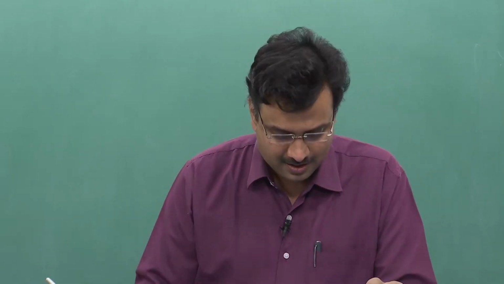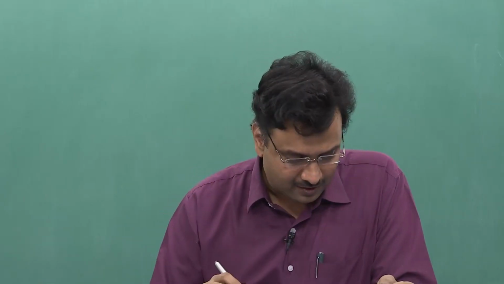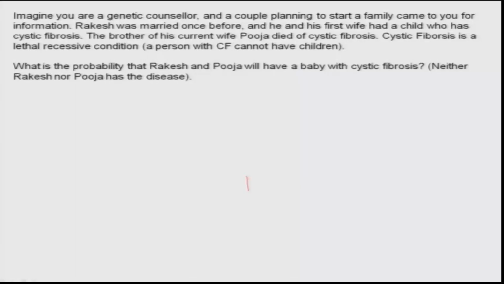So, who is this? We are going to talk about the individual Rakesh. So, here is Rakesh, right. He is asymptomatic, he is normal, and his first wife, right, she was normal, and their son had cystic fibrosis, right.